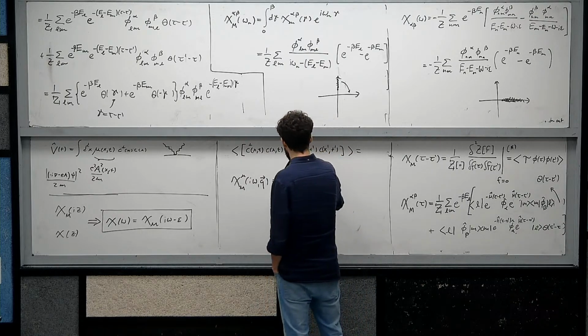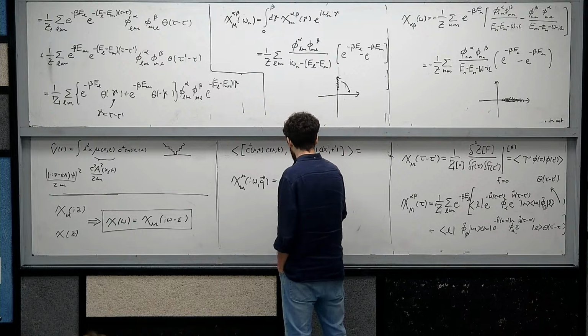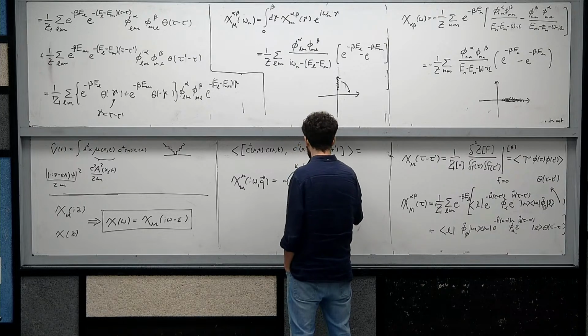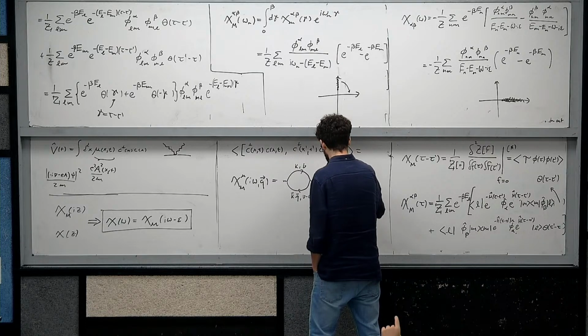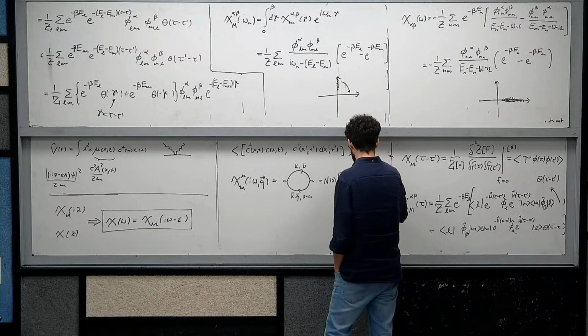Where this is k and omega, and this is k minus q, and omega, not omega, let me call it mu, and this is mu minus omega. So it's like the imaginary part of the self-energy, the first thing that we saw in the lecture today. I think there's a way to relate that.